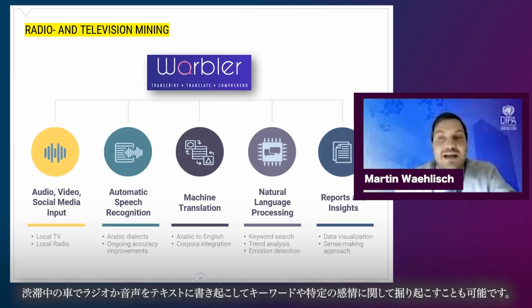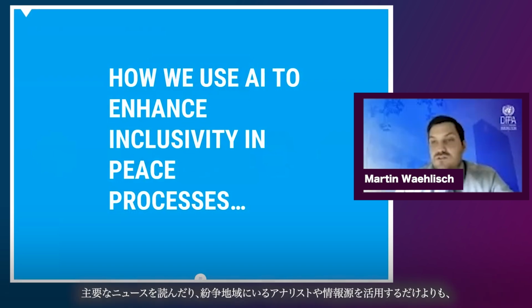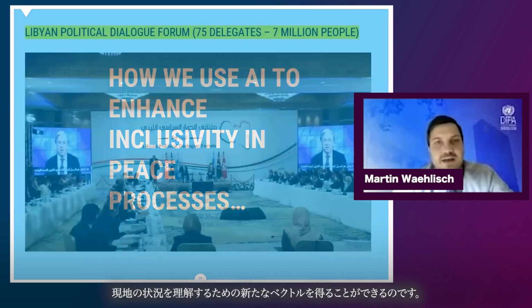And you can also mine that, because speech can be transcribed and then mined according to keywords or certain sentiments. And that, again, gives us an additional vector in the conversation for making sense of a situation on the ground, in comparison to just reading mainstream news or using our human intelligence network, of course, of analysts and sources that we have in conflict zones.